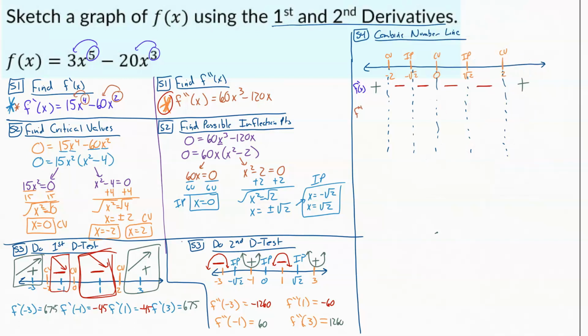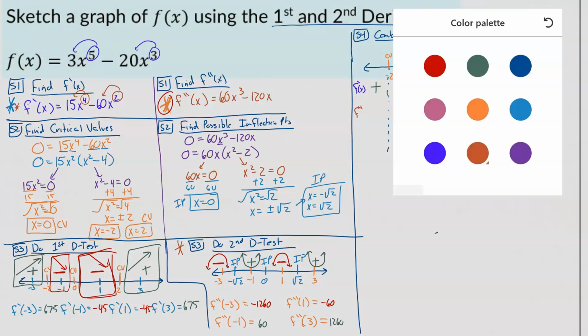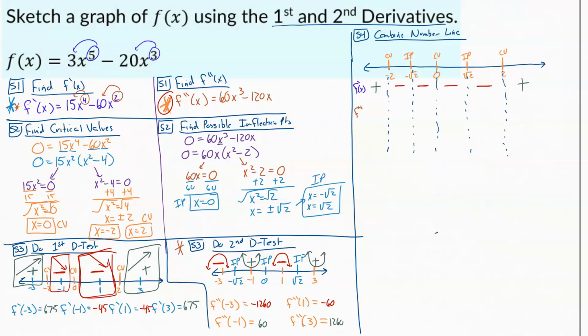So we're going to be reading off our second derivative chart. So to the left of negative 2, that's going to be this space right here. This is a negative second derivative. And between negative 2 and the negative square root of 2, we're still in that space, so that's still a negative second derivative. Now between negative root 2 and 0, we're in this positive space here, so that's going to be positive.